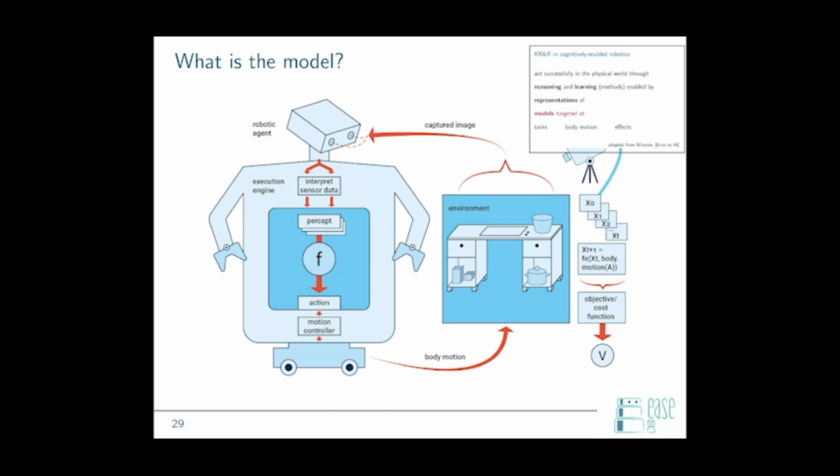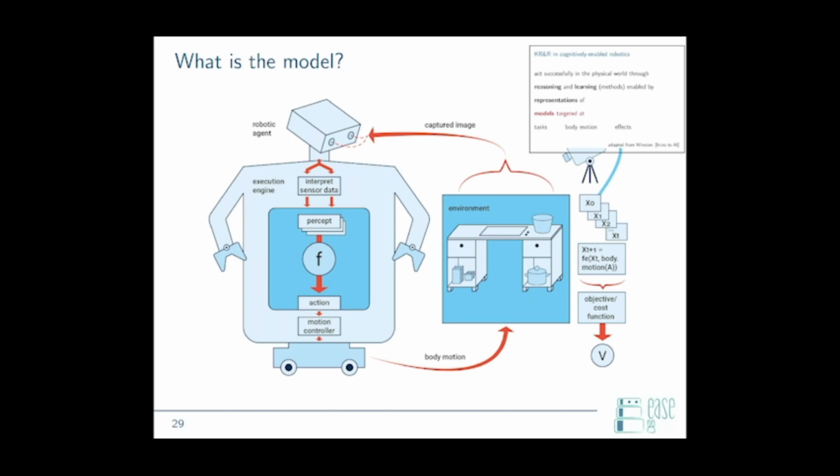Then we have the so-called agent function that maps the history of percepts into the next action that the robot should execute in this situation. And that action gets translated by the motion controller into a body motion and changes the environment.